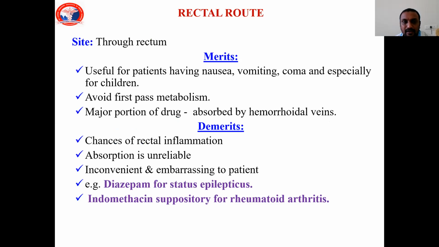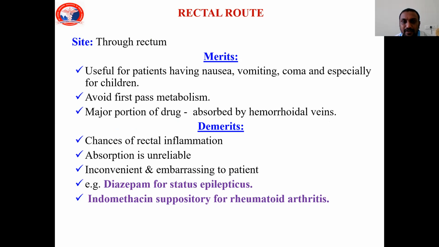Coming to the rectal route, the drug is administered through the rectum. The merits are that it is useful for patients having severe nausea, vomiting, or coma, especially children. The other important merit is that it avoids first pass metabolism, and a major portion of the drug is absorbed by the hemorrhoidal veins.